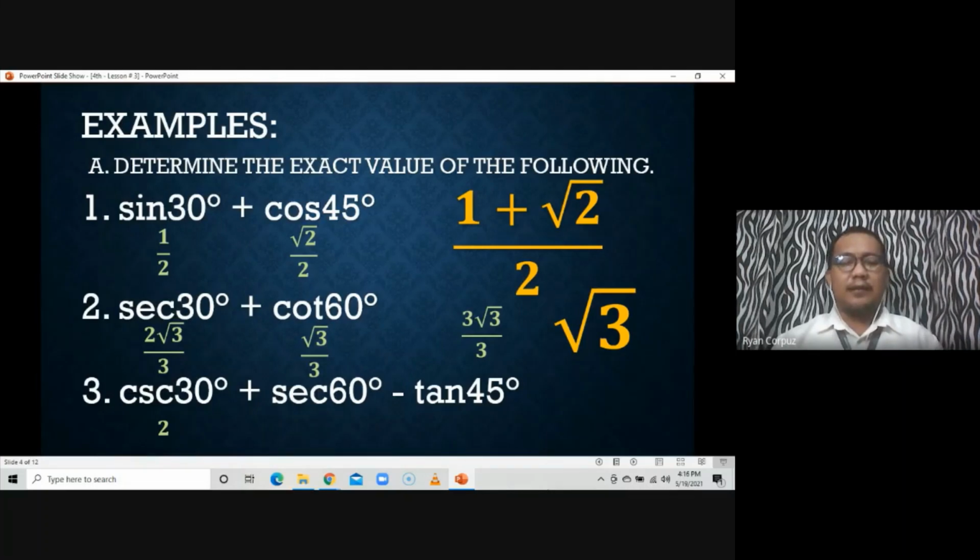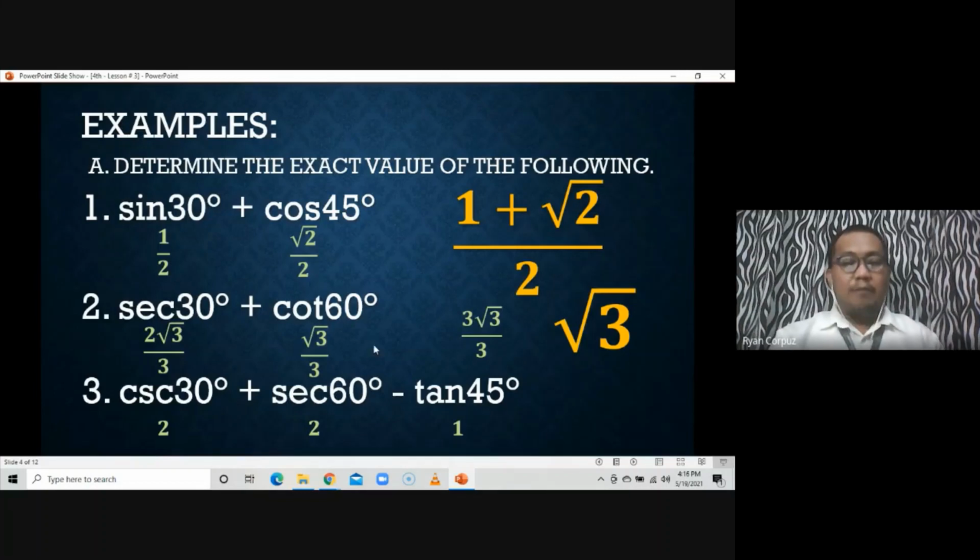Hanapin yung secant. Then, hanapin yung 60 degrees. Pagtapatin, ang value ng secant 60 degrees ay also 2. What about the value of tangent 45 degrees? So, going back to the table, hanapin tangent, then 45 degrees, pagtapatin, you'll come up with the value of tangent 45 degrees as 1.